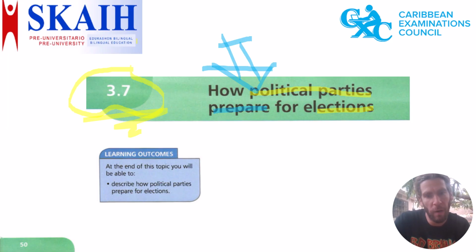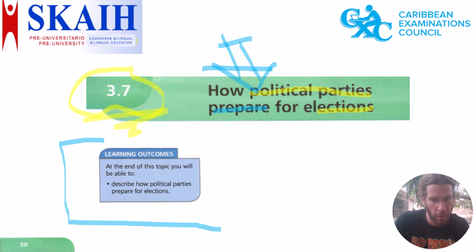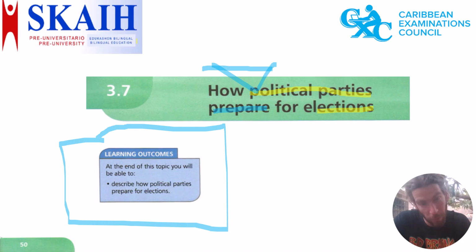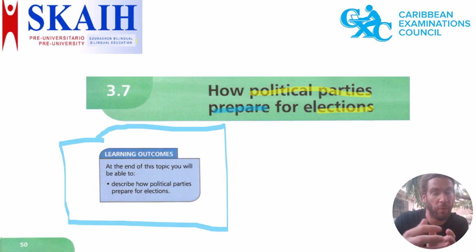In the left corner over here, you see the learning outcomes. That is what you have to know, what you must be able to do when I finish talking about this part of chapter 3. The learning outcome is to describe, that's the learning verb, how political parties prepare for elections.